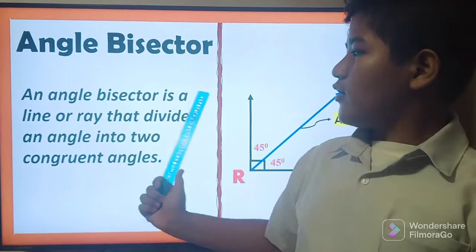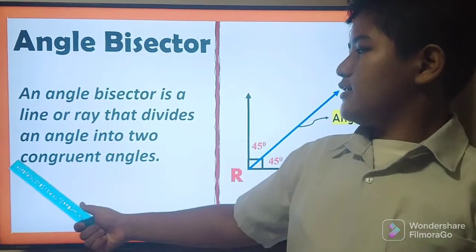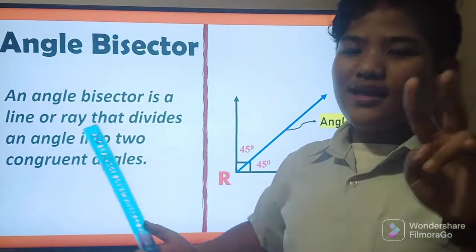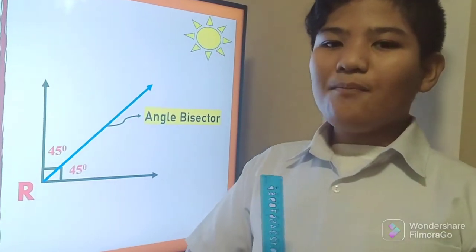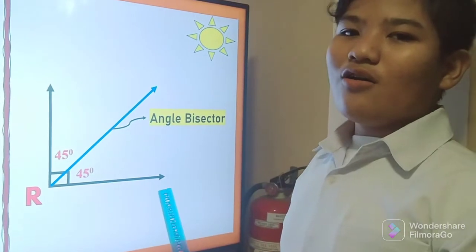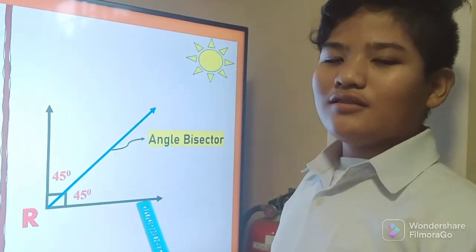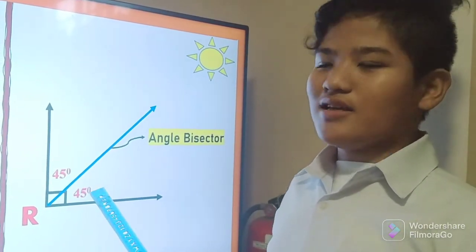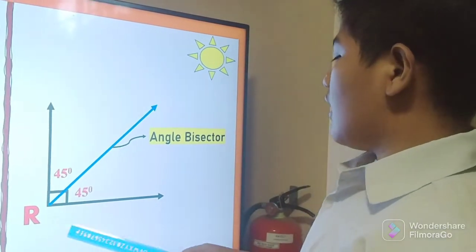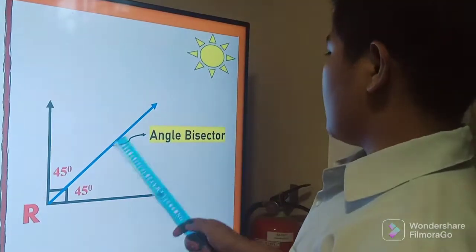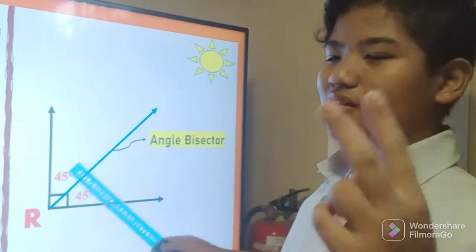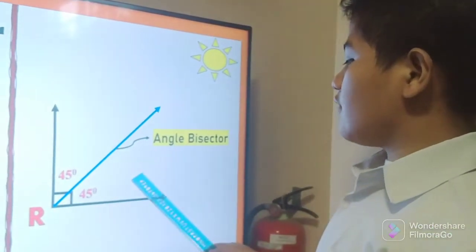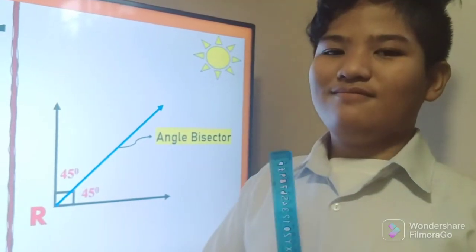An angle bisector is a line or ray that divides an angle into two congruent angles. For example, angle R is a right angle. We know that a right angle has 90 degrees and angle R is divided by an angle bisector into two congruent angles, 45 degrees and 45 degrees.